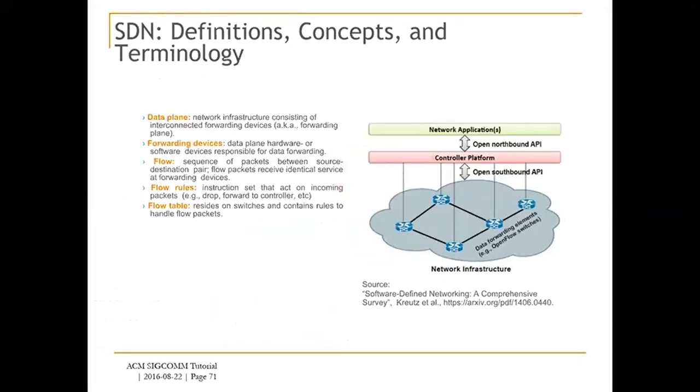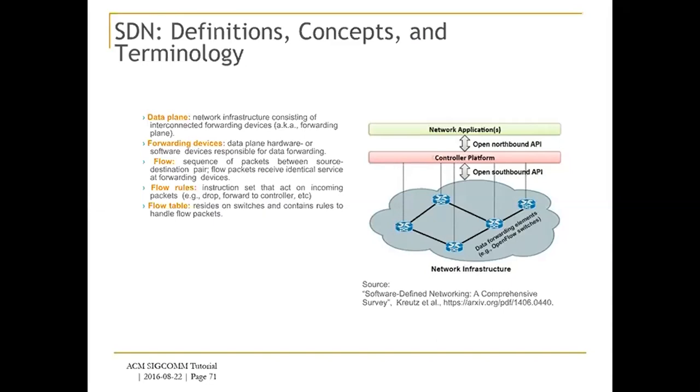Data plane. Data plane consists of interconnected forwarding devices like forwarding planes. Forwarding device, it may be hardware or software. They're responsible for forwarding flow, sequencing the packets between the source and destination.